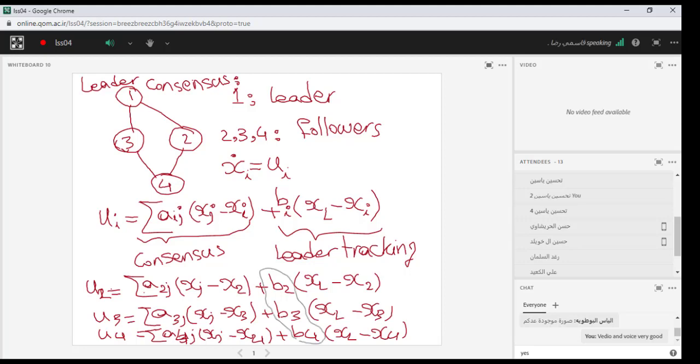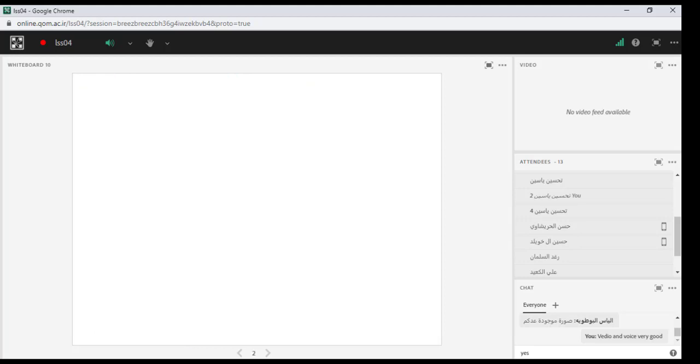You can select a constant value for b2, b3 and b4 to design a trade-off between consensus and leader tracking.